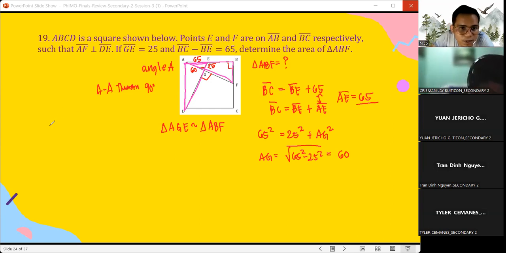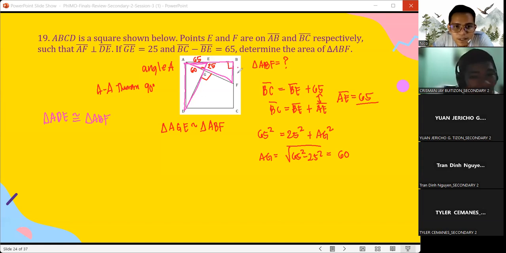So take note of the words, similar and congruent. When you say congruent, the same. Kung similar, not the same in value, but they are in ratio. So the ADE is congruent with ABF. That's why if this is 65 here, this is also 65 here. Kasi congruent silang dalawa. Right?